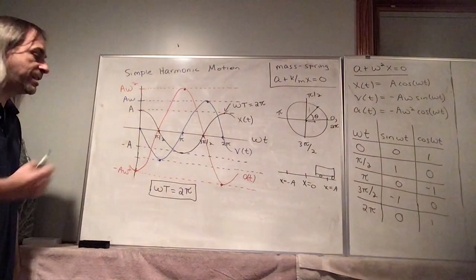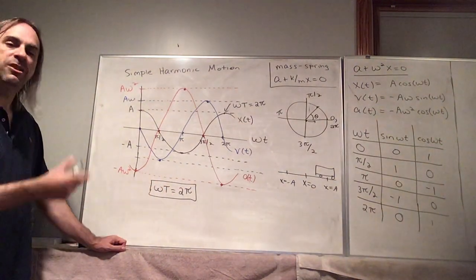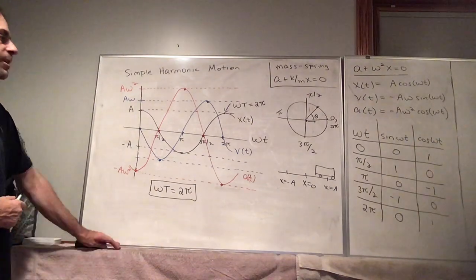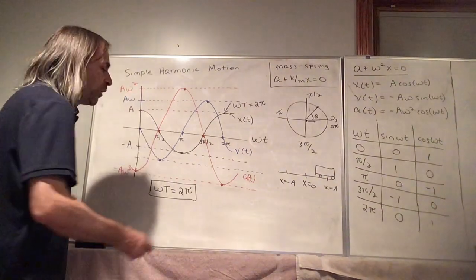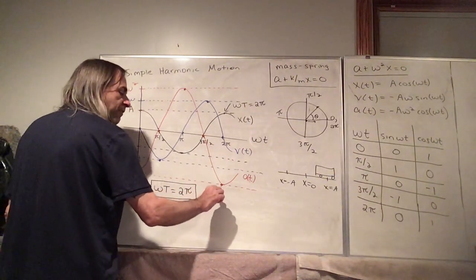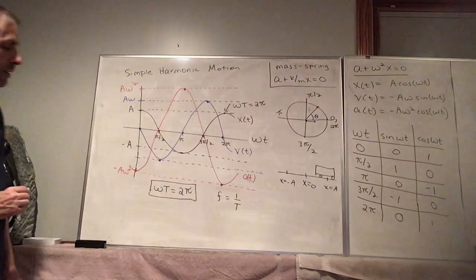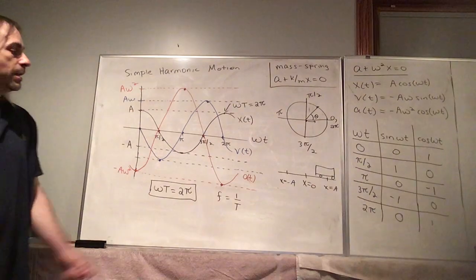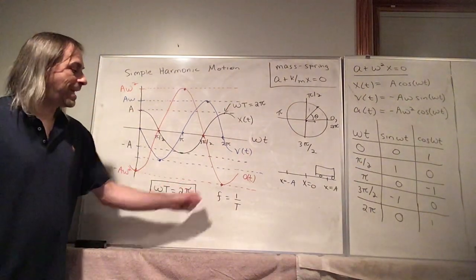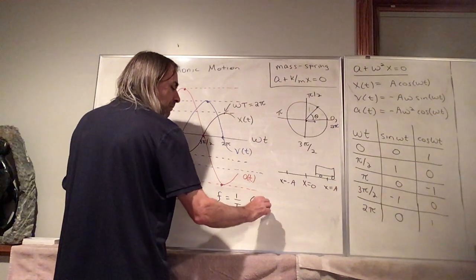If we take the reciprocal of that, so this would be like seconds per cycle, if we look at the reciprocal, we're talking about cycles per second. We call that frequency. So we define frequency to be 1 over the period. So that's just how frequency is defined. So period is in seconds, frequency is in cycles per second.